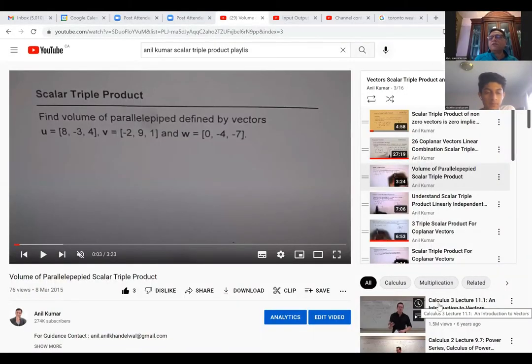As we understand, if I have scalar triple product, it means A cross B dot C. So you have to always do the cross product first because you get a vector. And then vector dot vector product is possible. It's never possible to do the dot product first, right?